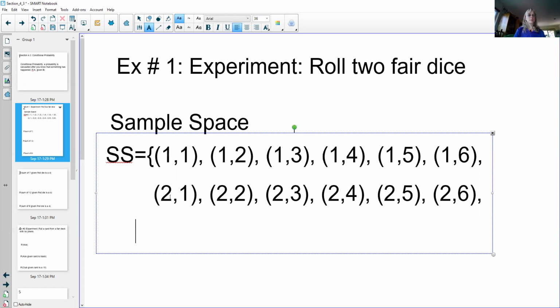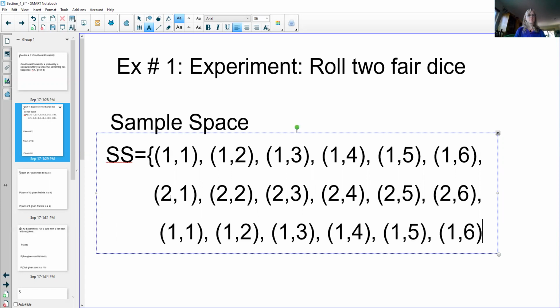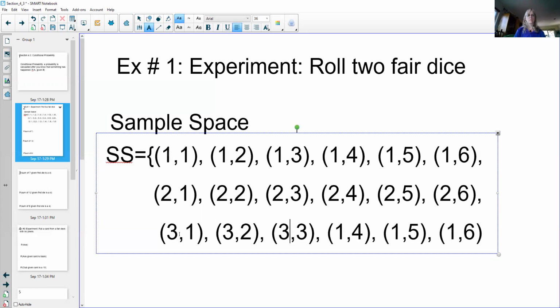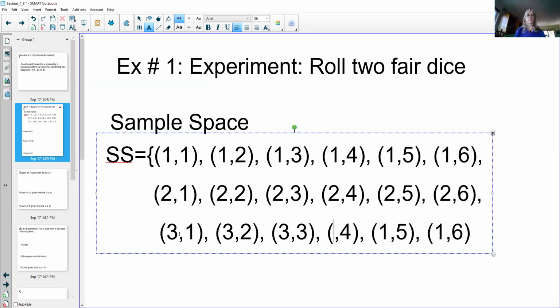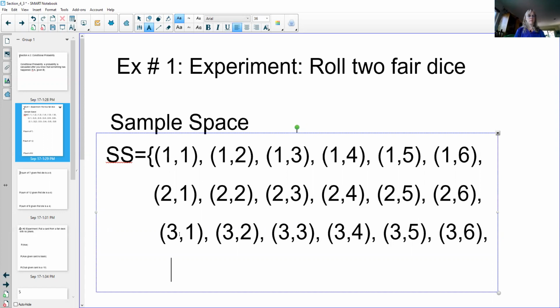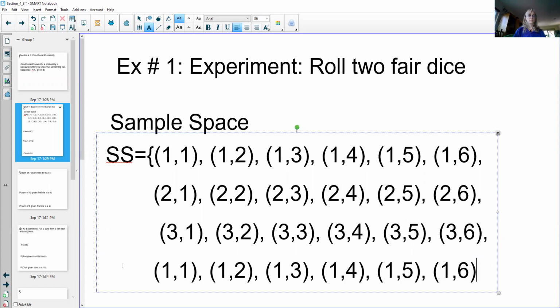And then I'll change them to 3s. There's probably a quick way to do this even.